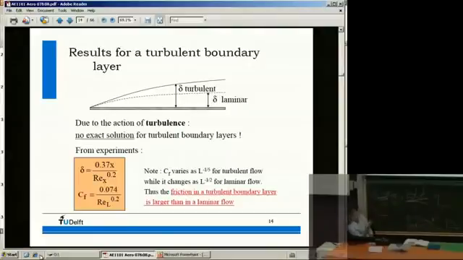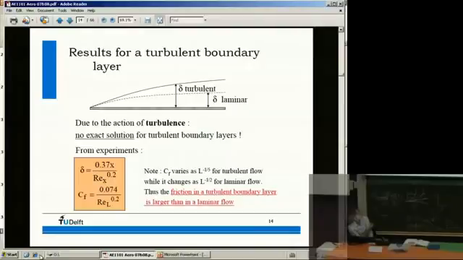For turbulent flow, these relations don't even come from laminar boundary layer theory, but from experiments. And the one thing to take away from this is that the boundary layer thickness is not a function of square root of Reynolds x over square root of Reynolds x, but Reynolds x to the 0.2. Not 0.5, but 0.2. So we divide by something that is smaller, so the overall is larger.